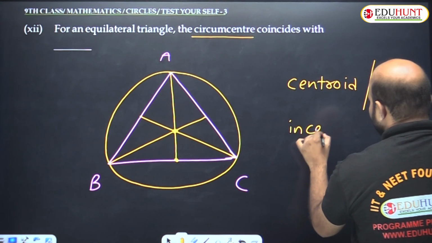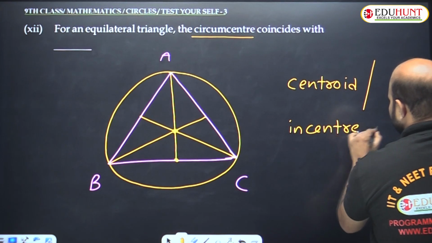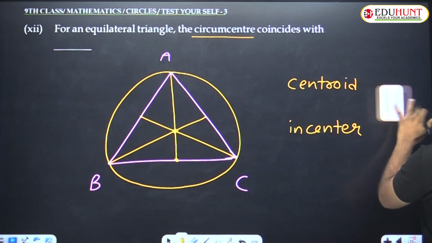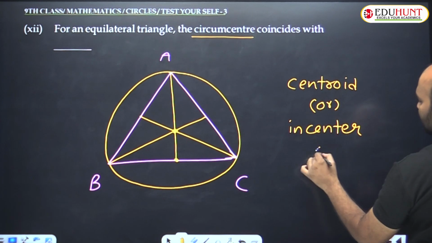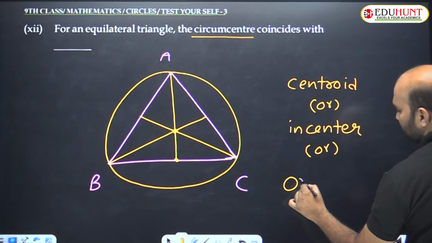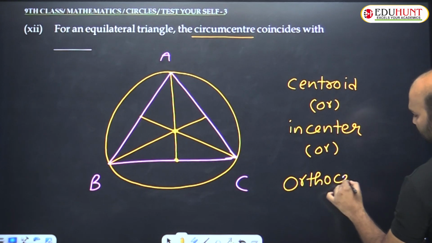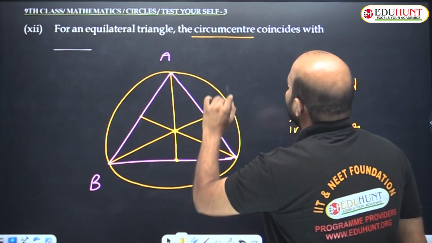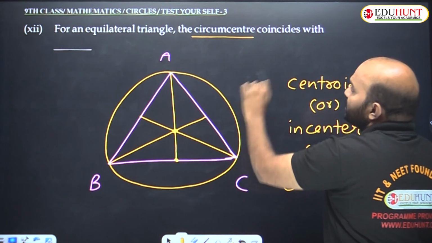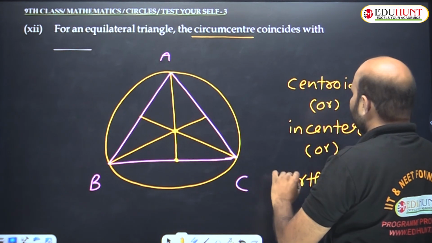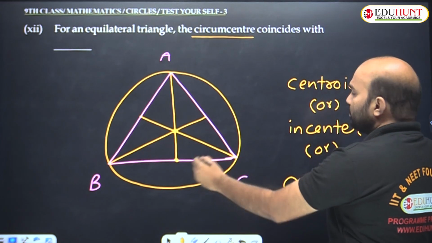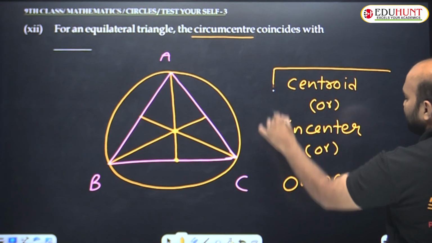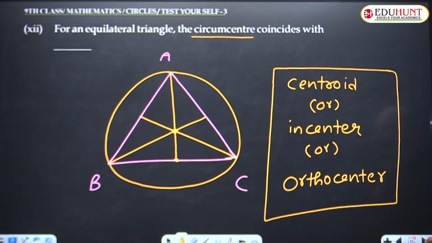It is also called incenter, or also called orthocenter. So what I am given, for an equilateral triangle, the circumcenter coincides with the centroid G, incenter or orthocenter. Am I clear? So this is important. The answer is centroid, incenter or orthocenter. So these are the required answers.